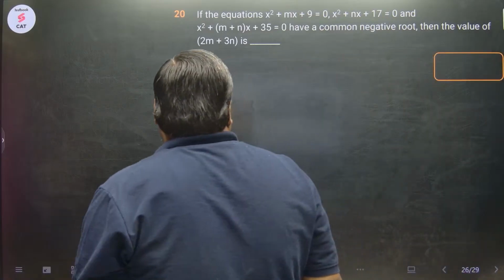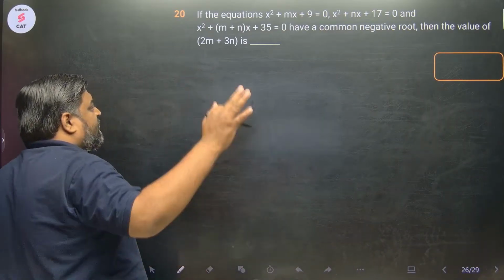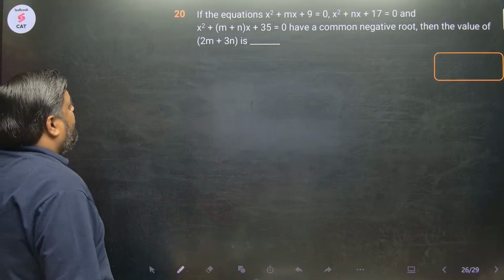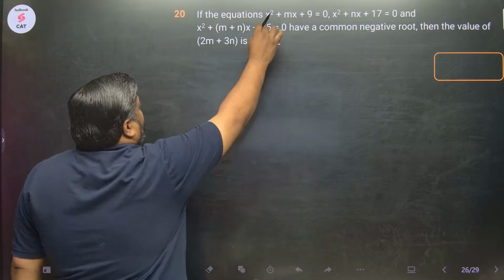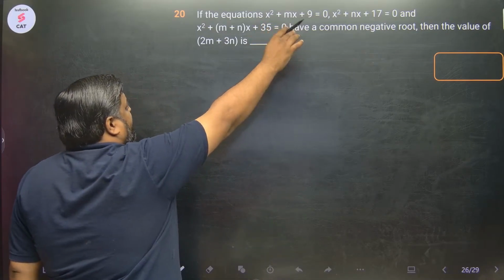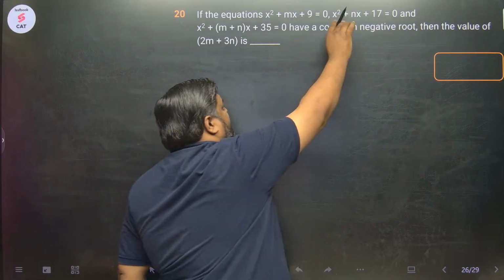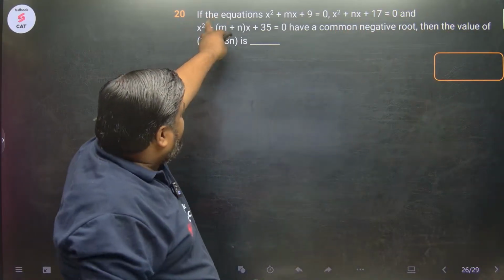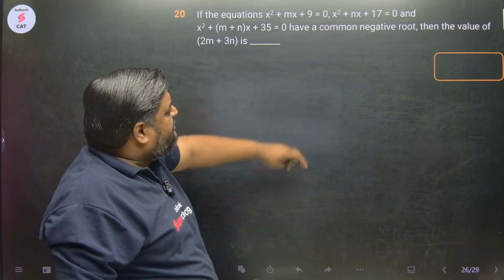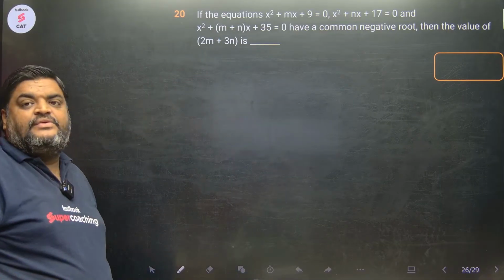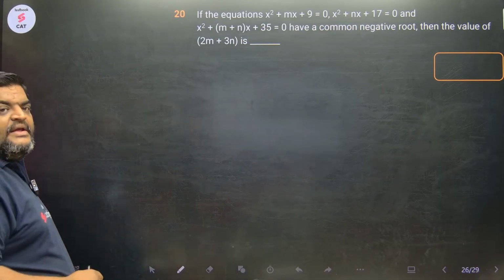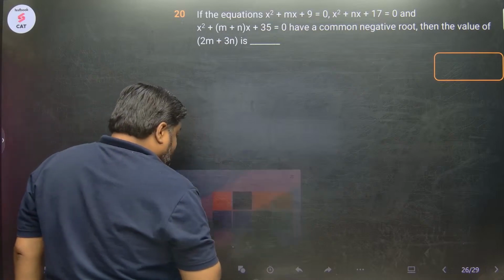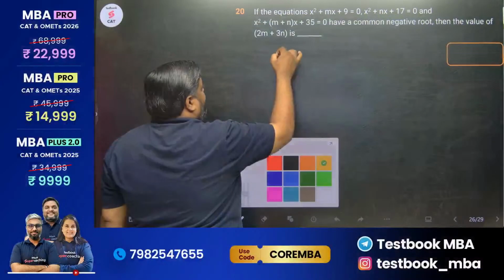Okay, question number 20. Three more questions left. If the equations x square plus mx plus 9 equals 0, x square plus nx plus 17 equals 0, and x square plus (m plus n)x plus 35 equals 0 have a common negative root.